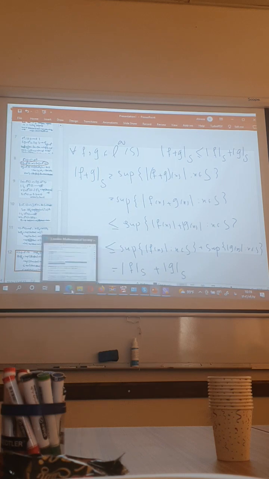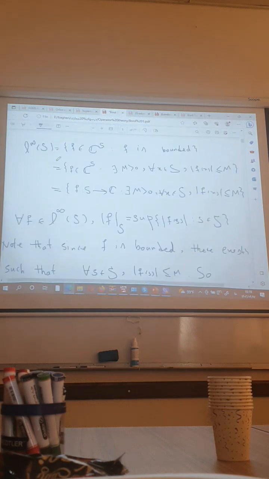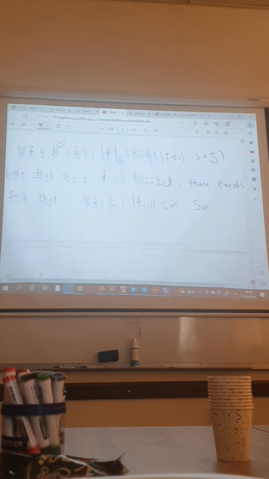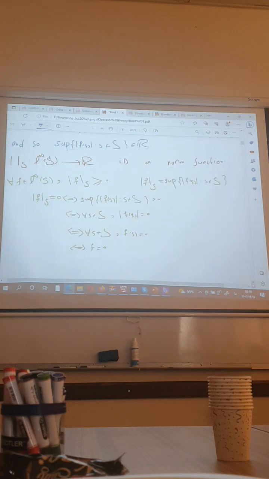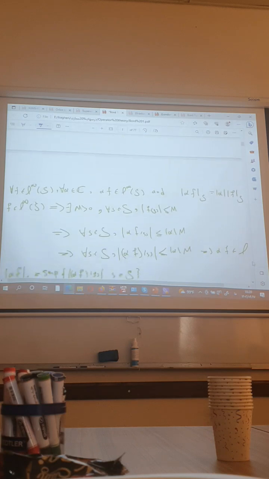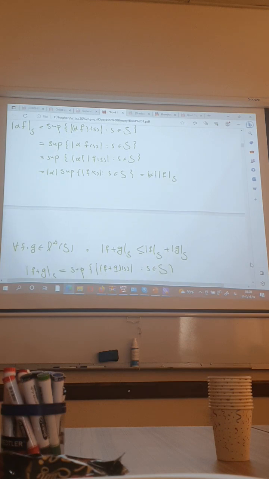So we have another example, L infinity. But why is this a norm function? Okay, this is the definition and the proof of these properties: the norm is non-negative, equal to 0 if and only if f equals 0, and the other properties and the triangle inequality, okay?